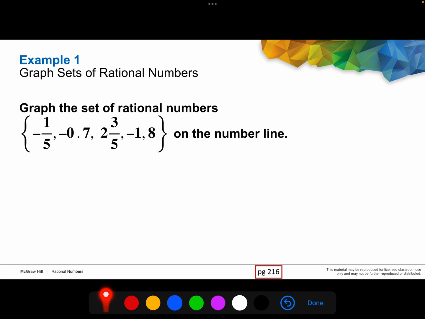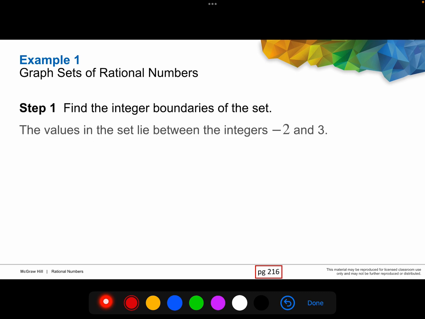So let's take a look at example 1, graphing the set of rational numbers -1/5, -0.7, 2 and 3/5, and -1.8 on the number line. Forgive this typo, this should be 1.8. So we first need to find our integer boundaries of the set. Why do we need to find these integer boundaries? Because we need to know how big our number line should be.